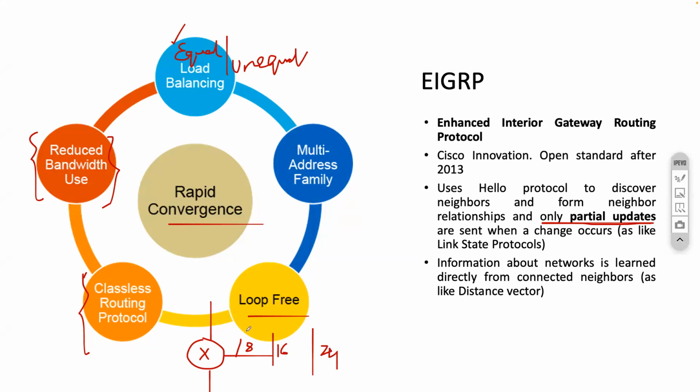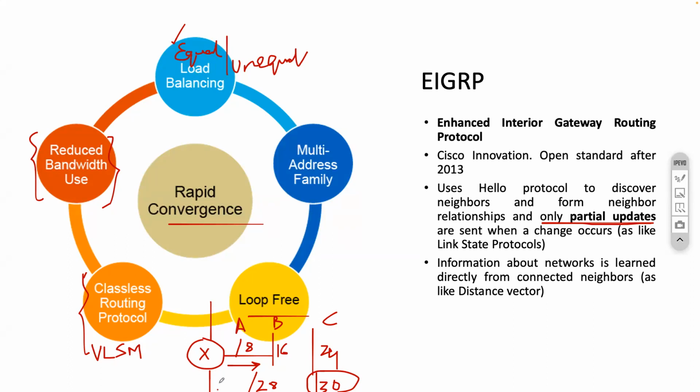These are our default classes: class A, class B, class C IP addresses. It may have, let's say, a /28 or /30 IP address. While advertising routes, it will advertise this subnet mask also. So we can configure variable length subnet masks. However, in case of RIP version 1, you cannot do that.